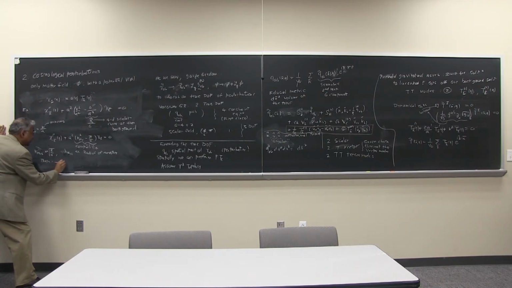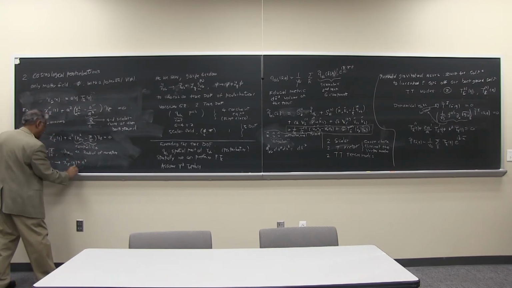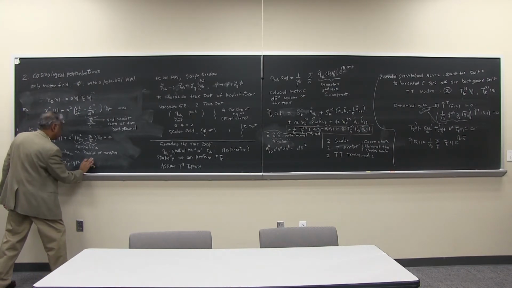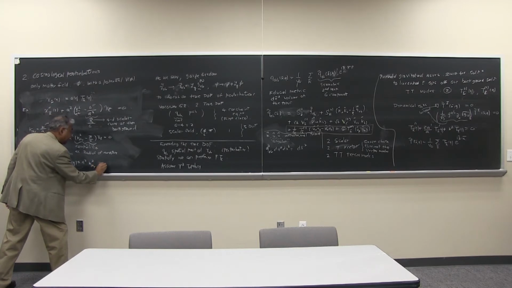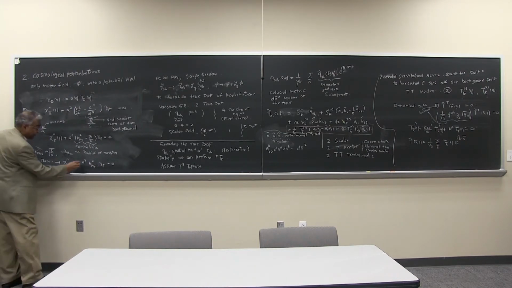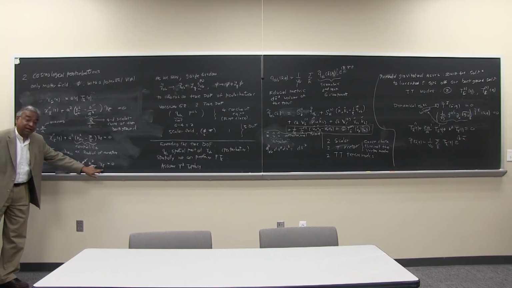Then the equation reduces to chi double prime k of eta plus a squared times k physical squared times chi k equal to 0. But we just saw that k physical is k by a, therefore I can just remove this, and this is equal to k squared chi k.